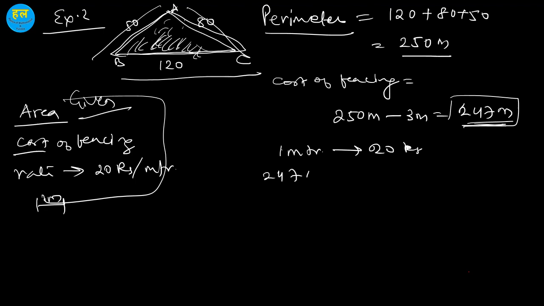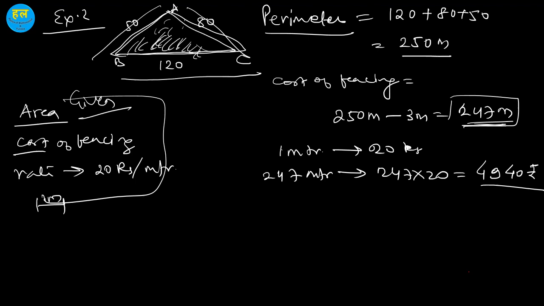So for 247 meter, the cost will become 247 into 20 is equal to 4940 rupees. Okay, this is our one part.